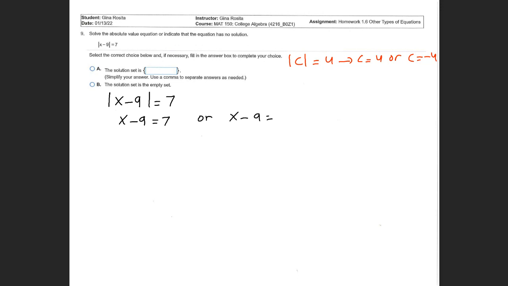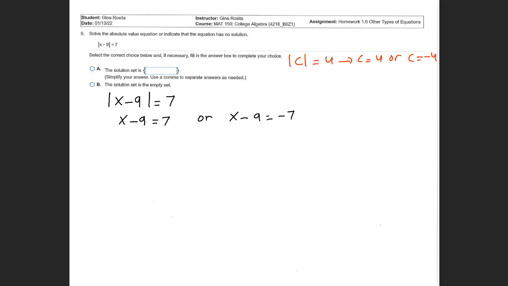Look at it again: absolute value of x minus 9 equals 7. Remember the formula, I write it down again: absolute value of U equal C is equivalent to U equals C or U equals negative C. So we can write x minus 9 equals 7 or x minus 9 equals negative 7.